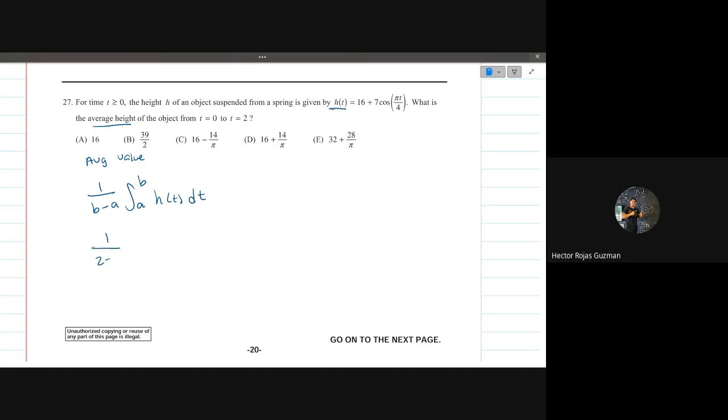1 over 2 minus 0, the integral from 0 to 2 of 16 plus 7 cosine of pi t over 4 dt. 1 over 2. My antiderivative is 16t. The antiderivative of cosine is sine, but we got a chain rule.